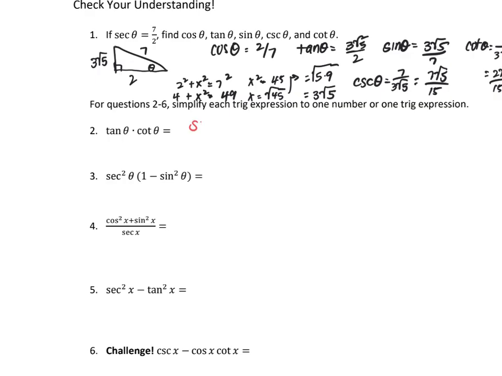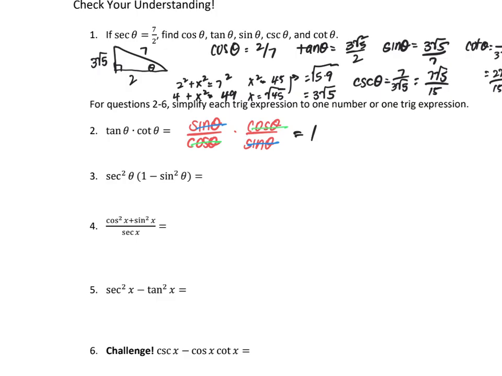So tangent, I can rewrite it as sine theta over cosine theta. And then cotangent, I can rewrite it as cosine theta over sine theta. And then it just so happens that sine divided by sine is 1, and cosine divided by cosine is 1. And then 1 times 1 is 1. So this whole thing equals 1.